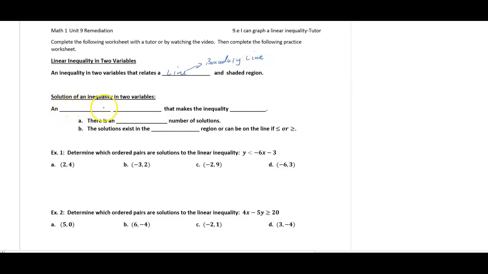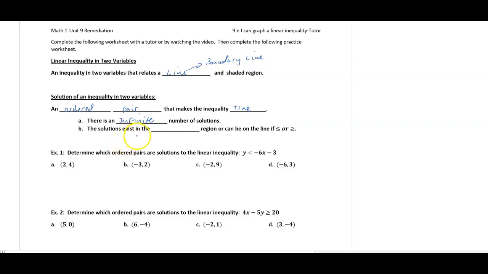A solution of an inequality in two variables is an ordered pair that makes the inequality true. Just like an equation, it's no different. It's an ordered pair that makes an inequality true. Now, there is an infinite number of solutions to an inequality in two variables.